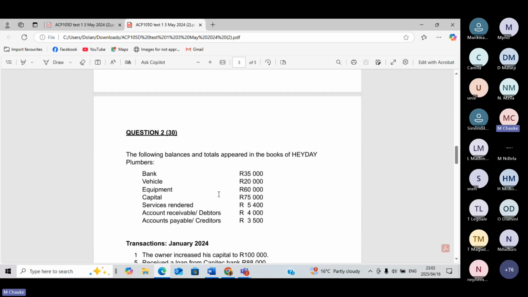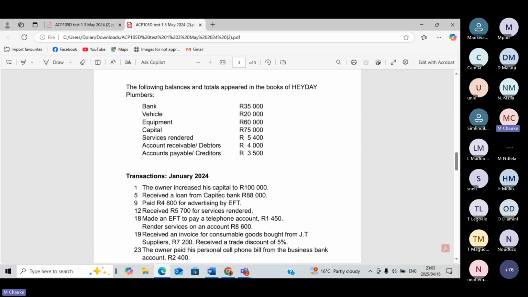Please read all the questions thoroughly and apply. Remember, from question 1 until the last question it is going to be debit credit, because the accounting equation we started with has debit credit. Then ledger accounts, debit credit, which means the elements are everywhere.